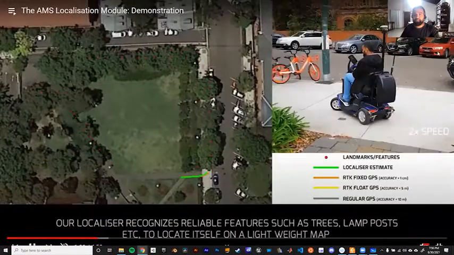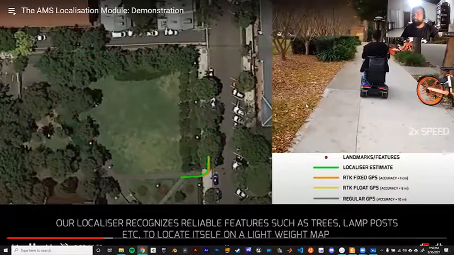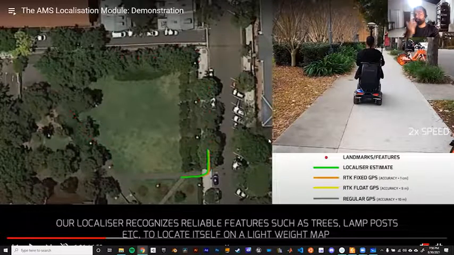So in this case, this is me driving my robot, and what it's doing is just like the tree example I told you. It has some cameras here that look at these trees and these lampposts, and it's able to recognize them.